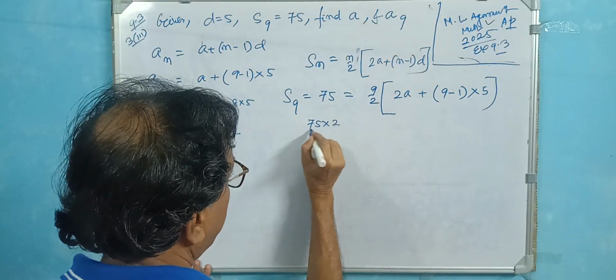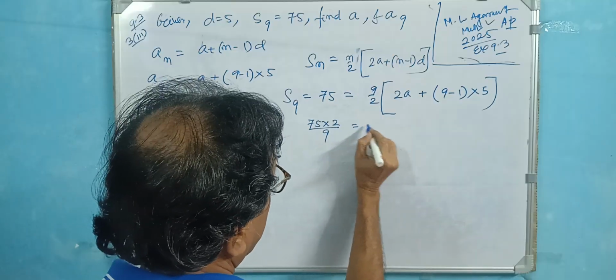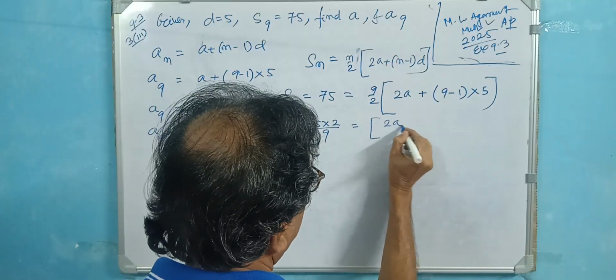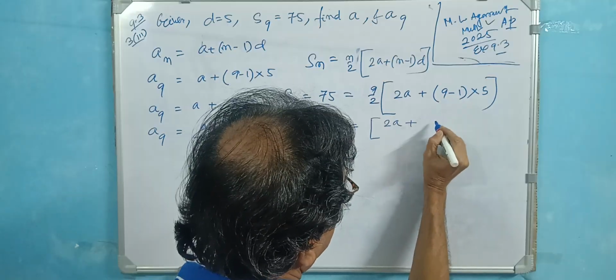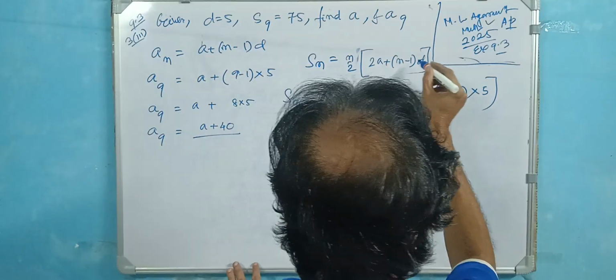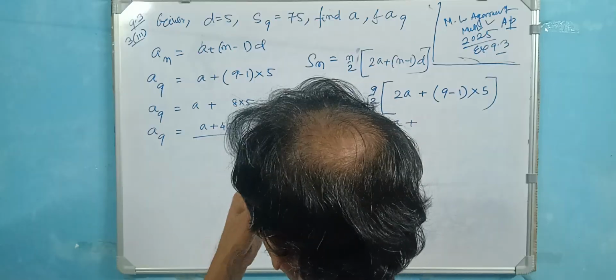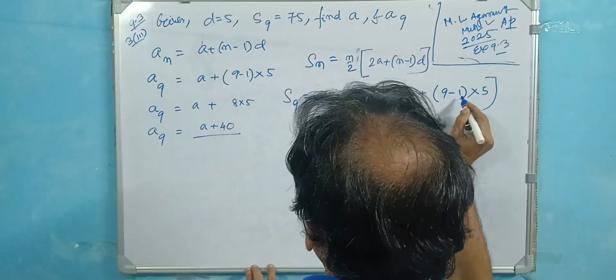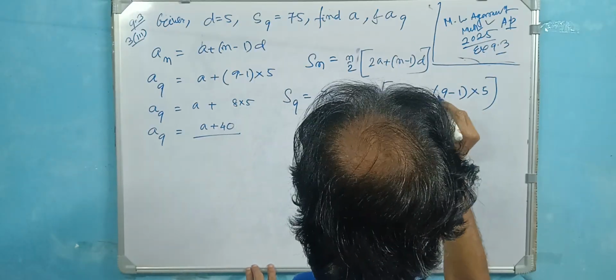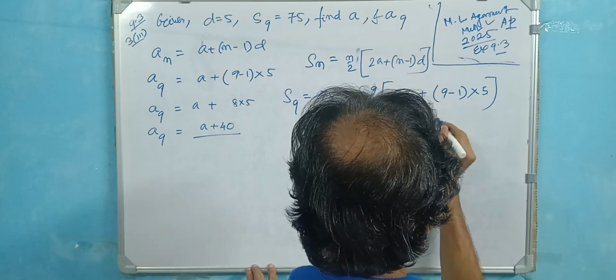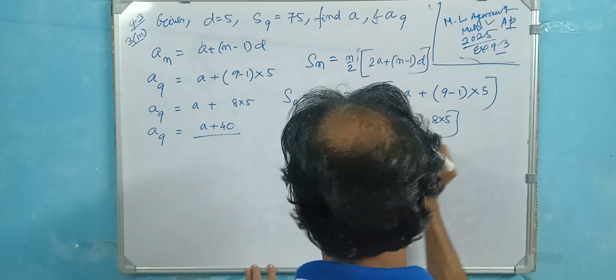So here first: 75 into 2 by 9 is equal to bracket twice a plus n minus 1 into d. This is 8 into 5. Okay, no problem.